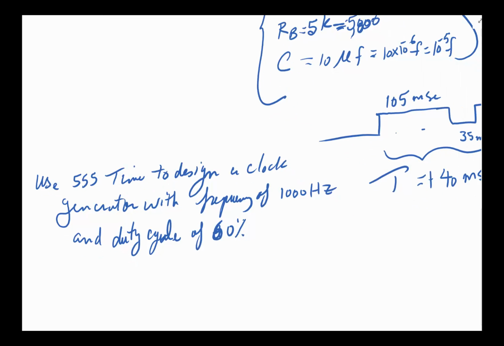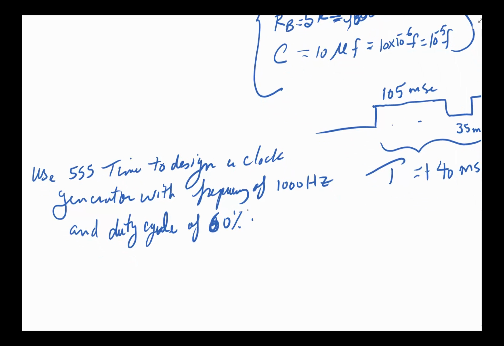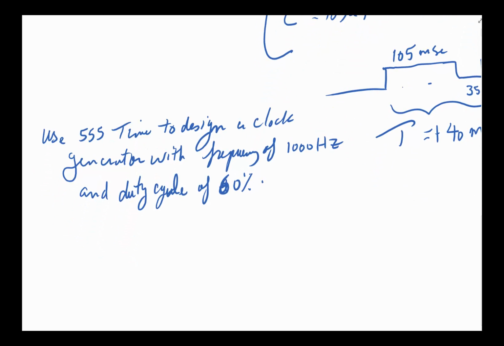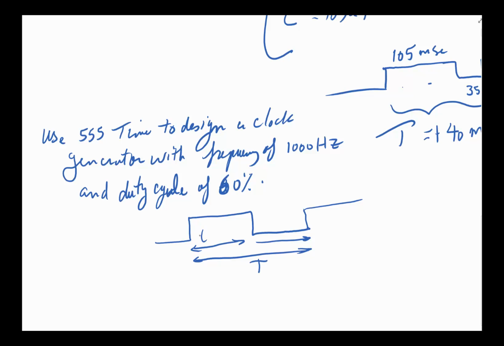Okay, so if that's what they're asking, what would we do? First thing is to understand what they're asking. They're basically asking you to design a circuit that gives us a clock such that the high time over the period, this is the period, this is the T high, over the period is 60%.